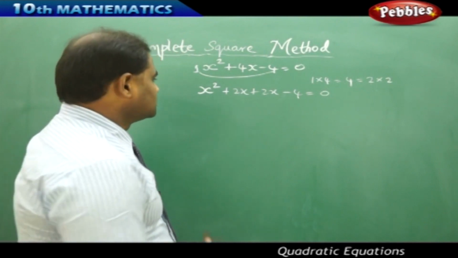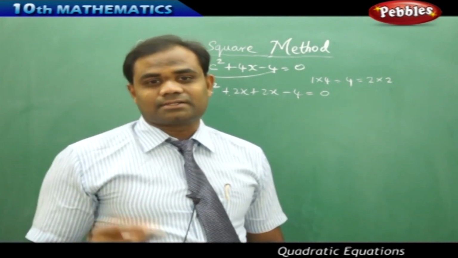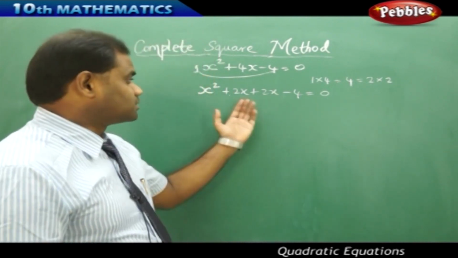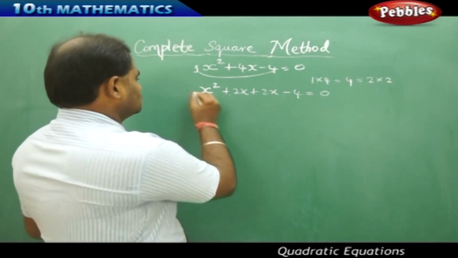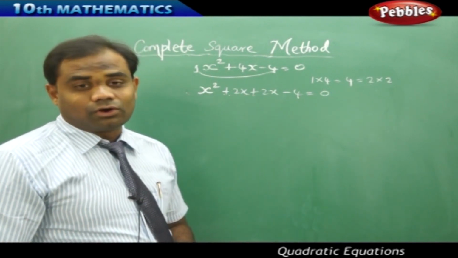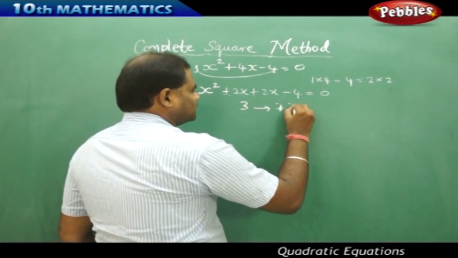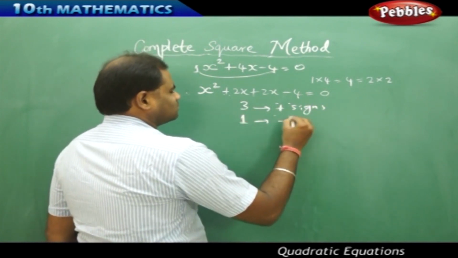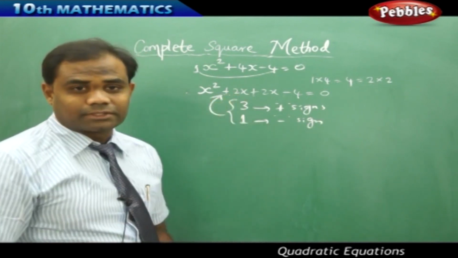The reason being that the rule says I need to have an even number of plus signs and an even number of minus signs in the entire quadratic equation after splitting the middle term. But when I see 1, 2, 3 plus signs and 1 minus sign, it is an odd case. So there are 3 plus signs and 1 minus sign in this quadratic equation.